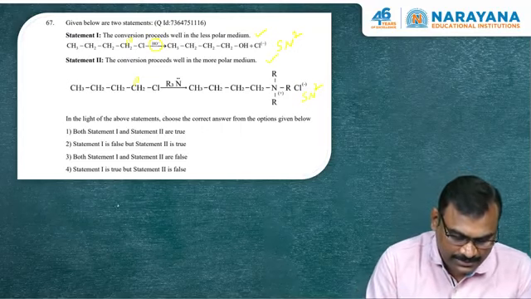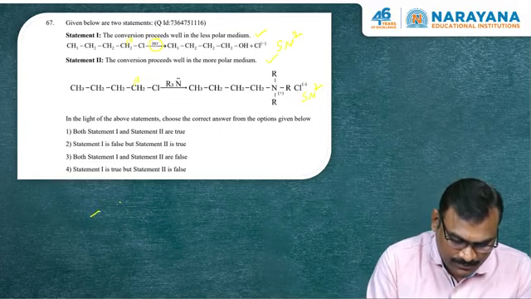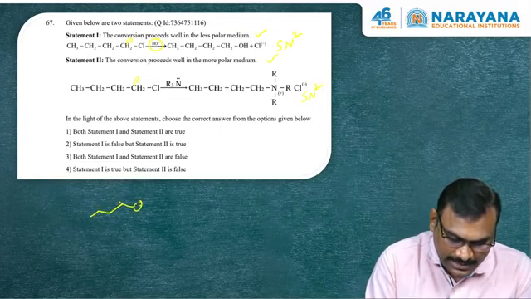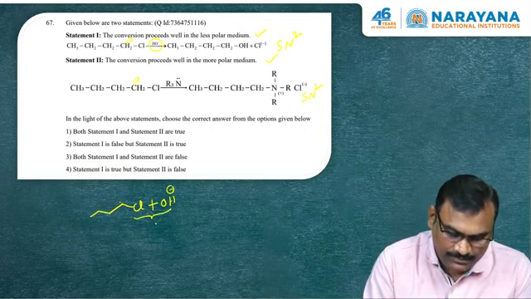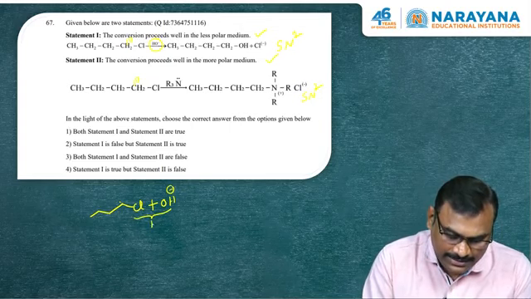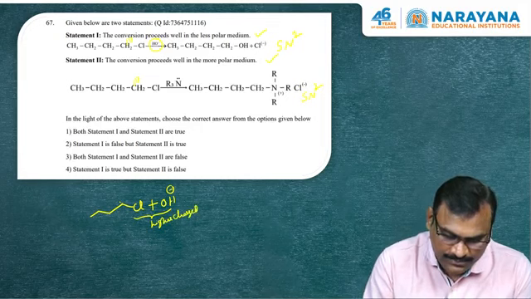You see here, n-butyl chloride plus OH minus. Here the reactants are highly charged.